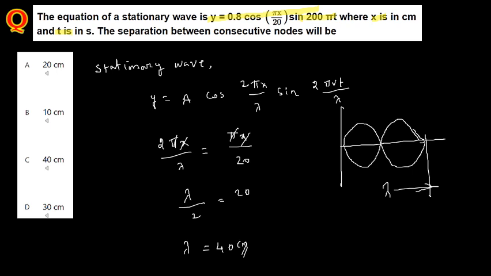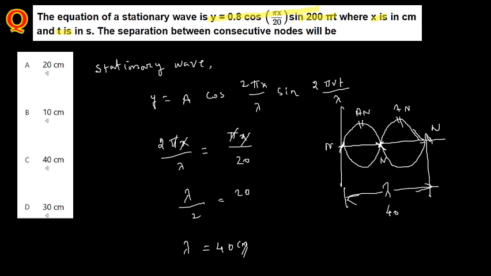Now the lambda value here is 40 centimeter, and what they are asking is the separation between two consecutive nodes. So this one is node, this one is node, again this one is node, and these two are anti-node, as I said in the previous problem. So two consecutive nodes, from here to here, or else from here to here.